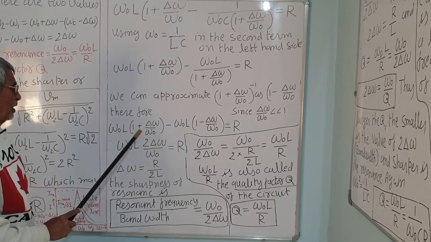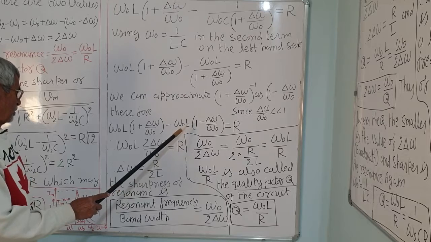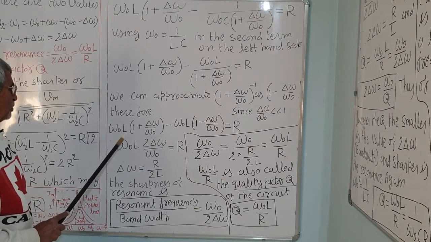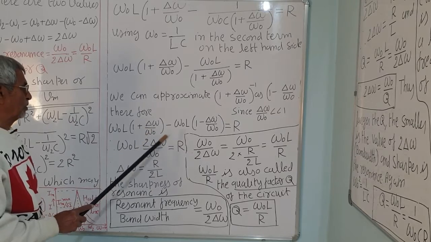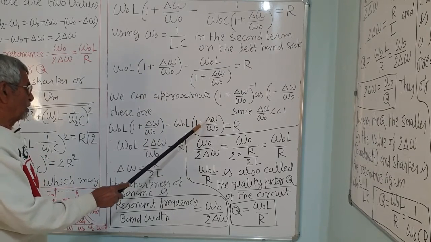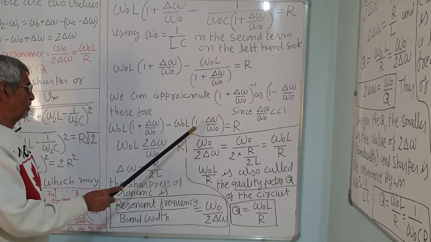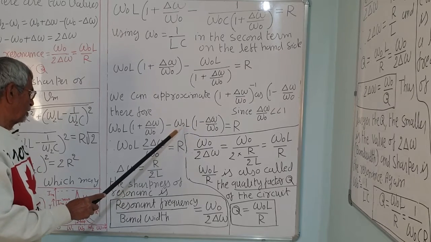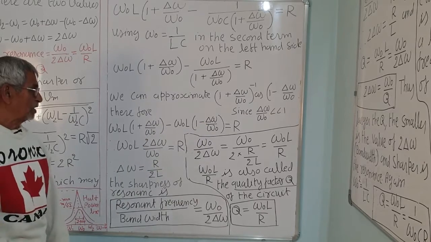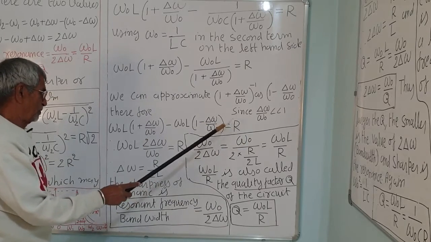So omega 0 L and omega 0 L, this is minus, correct? So that will be cancelled, and omega 0 L into delta omega upon omega 0, minus and plus, gives omega 0 L into 2 delta omega upon omega 0, and that is equal to R.